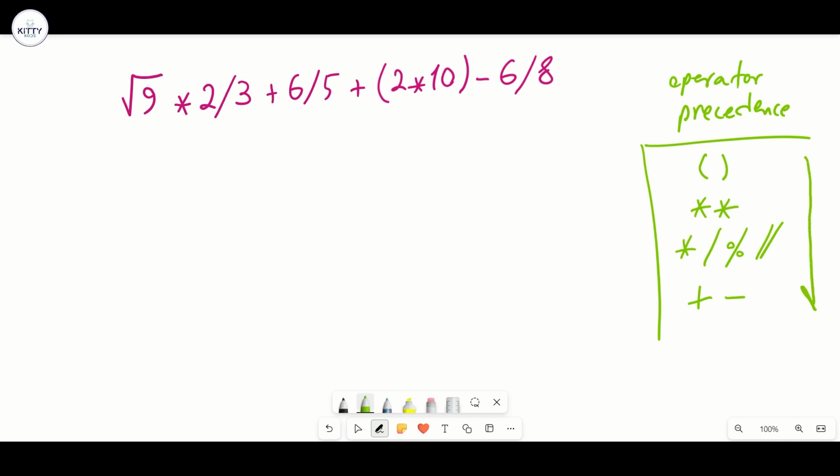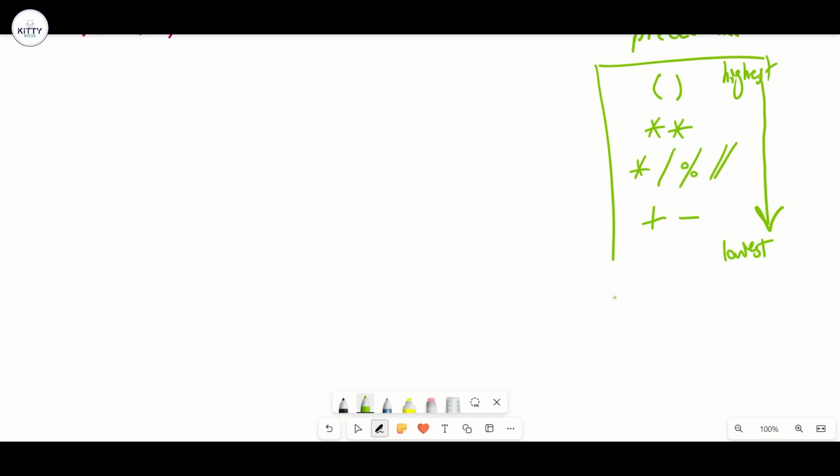This is the order from the highest to the lowest, and we call this operator precedence. And one more thing: always calculate from left to right.